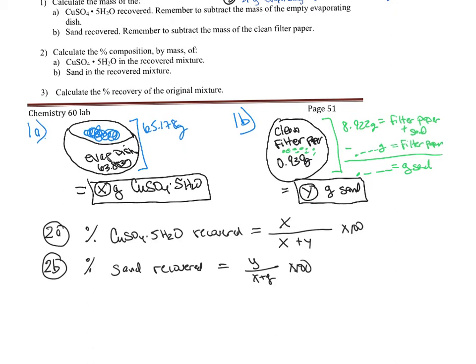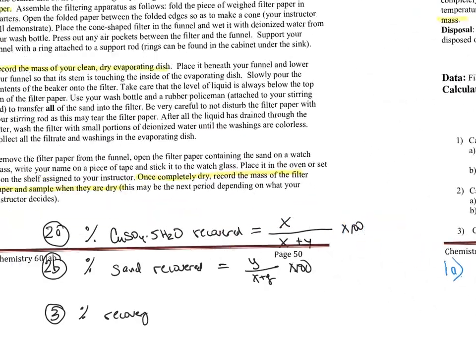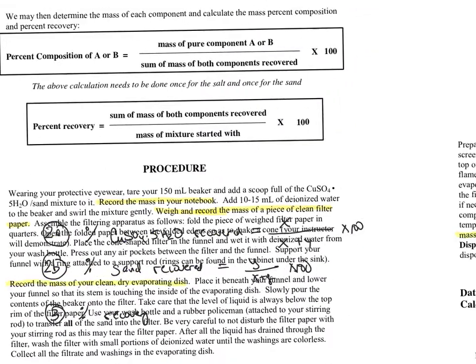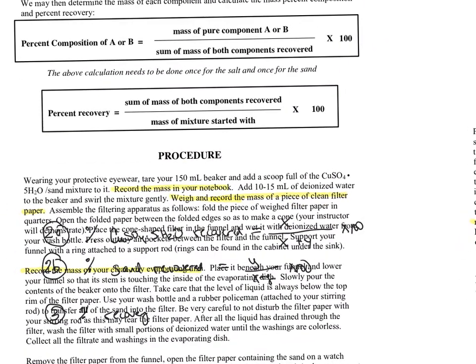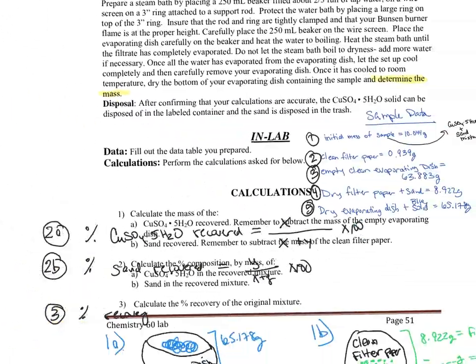And lastly, number 3, percent recovery. Let's remind ourselves of this definition. Sorry, I don't know how to use my iPad. Percent recovery: the sum of the mass of both components recovered divided by the mass of the initial mixture that you're starting with.